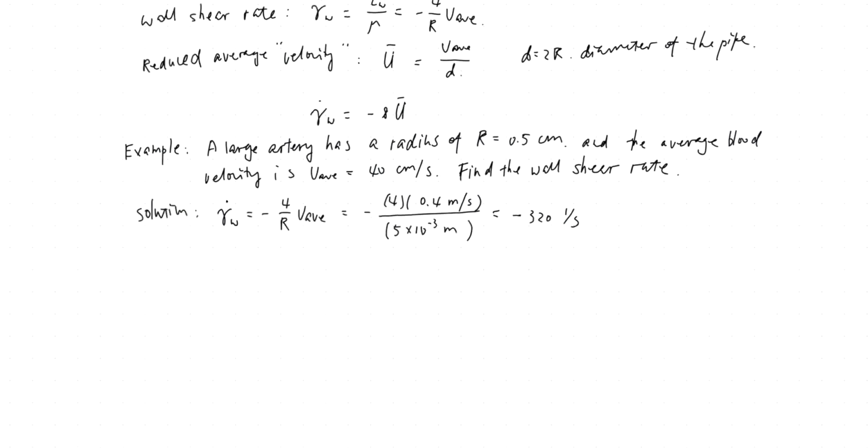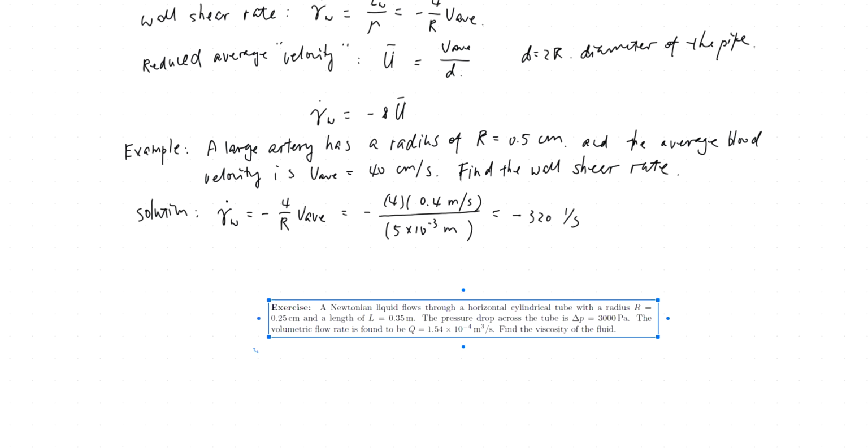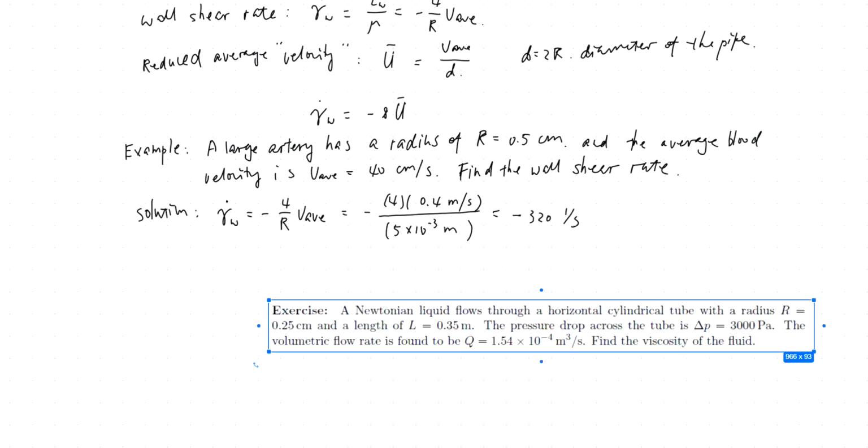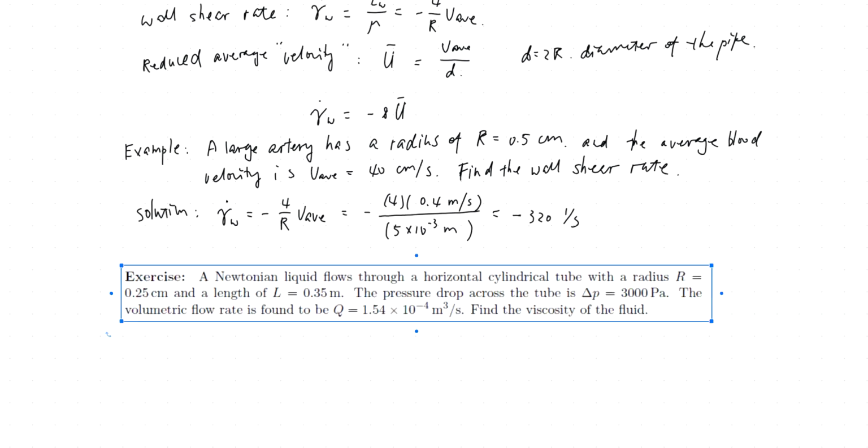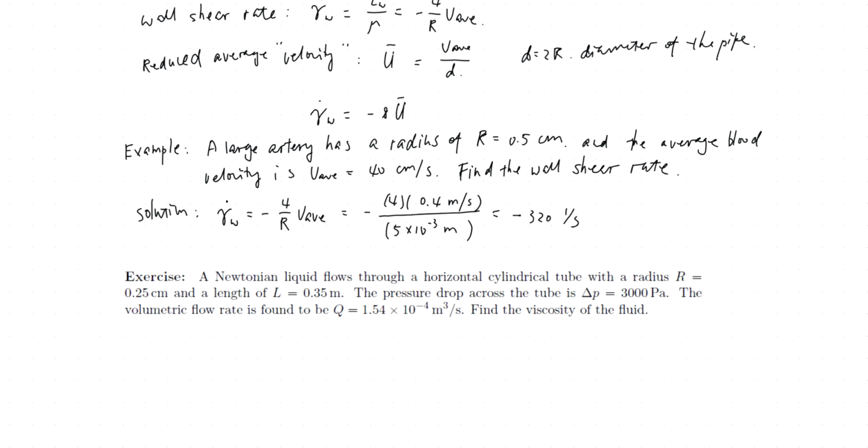Now let me leave an exercise for you. The exercise is: a Newtonian liquid flows through a horizontal cylindrical pipe. The radius of the pipe is given, 0.25 centimeter, and the length of the pipe is also given.